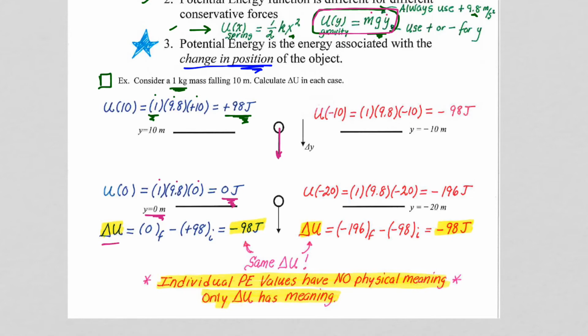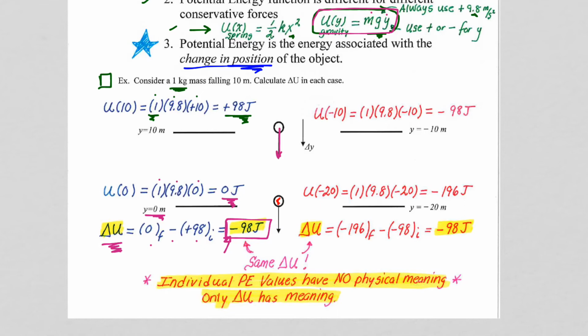And if we look at the change in potential energy, final minus initial, there was a negative 98 joule change in the potential energy, and that negative is going to correspond to loss. So we lost 98 joules of potential energy. Where did it go? Well, we'll see more formally in a couple pages of notes, and hopefully it's not surprising. It went into kinetic energy.